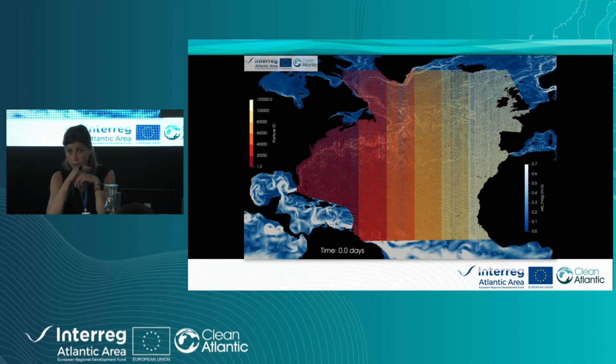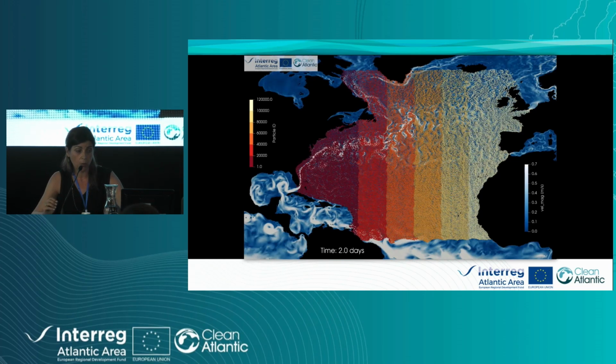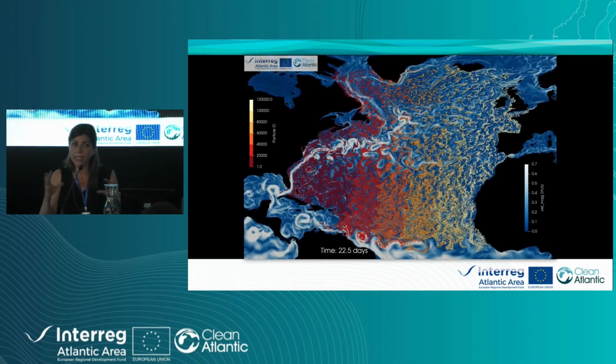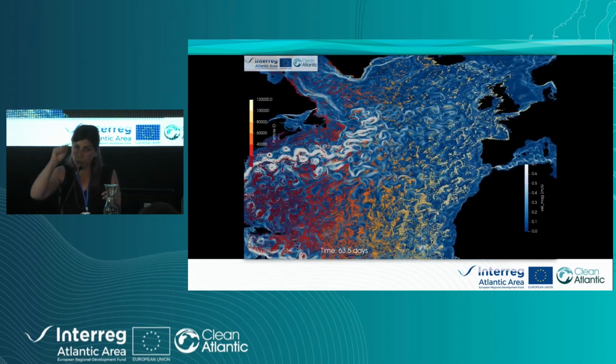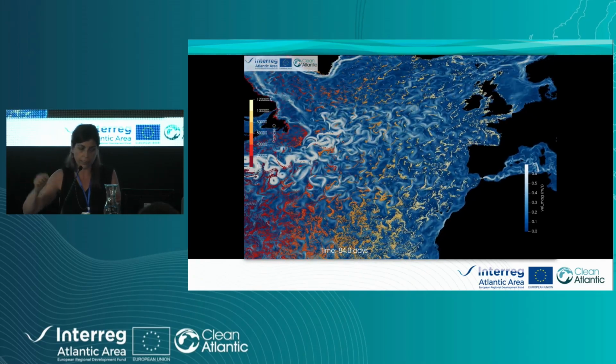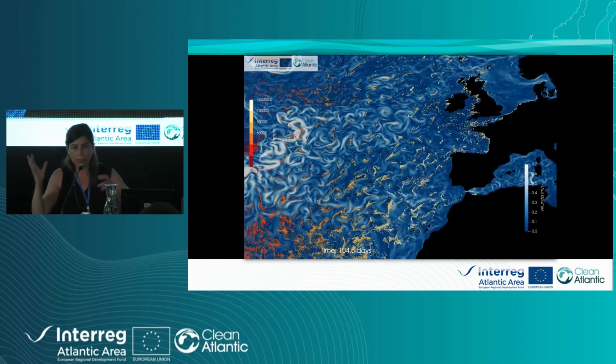And I'm going to show you some of the outcomes we got with this model at CleanAtlantic. This could be a simulation where the colors mean nothing here. You see particles that are static and equidistant, and this is how they would be distributed throughout the ocean. When we started the simulation, we saw that in the beginning, this equidistance was lost automatically, and particles are distributed following these turns.